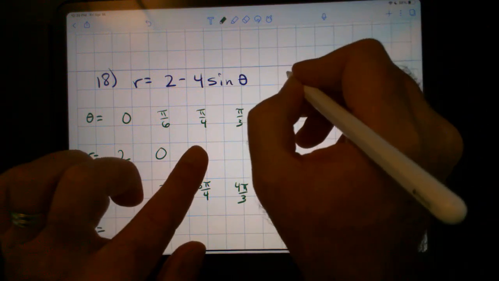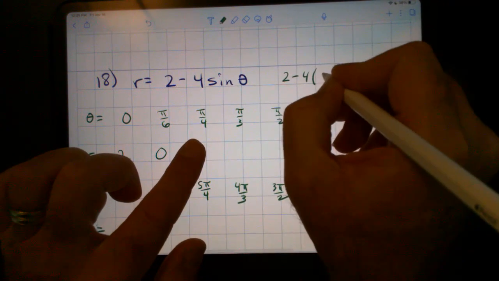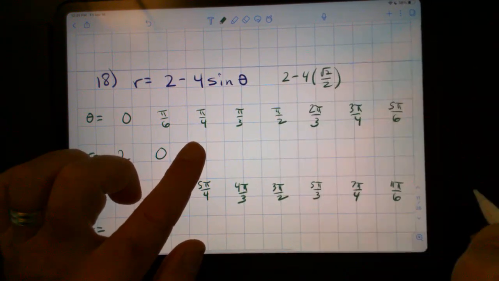Then when we have pi over 4, we have 2 minus 4 times sine of pi over 4, which is radical 2 over 2.